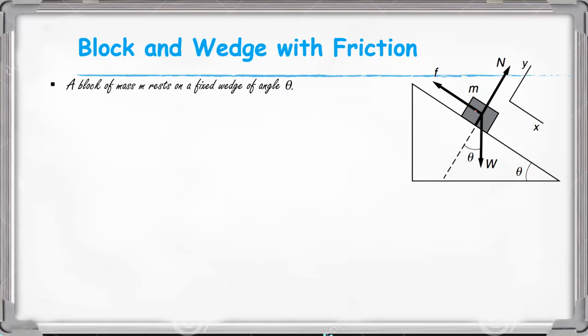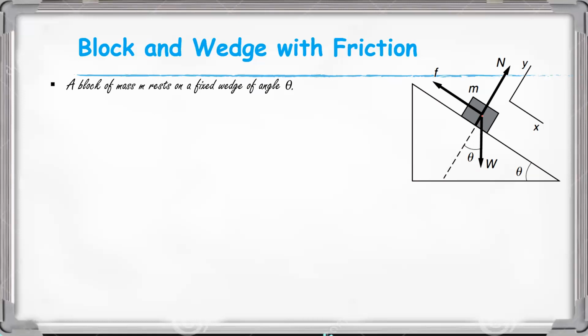Here, the mass of the block is considered as M. We know that the weight must act downward, isn't it?